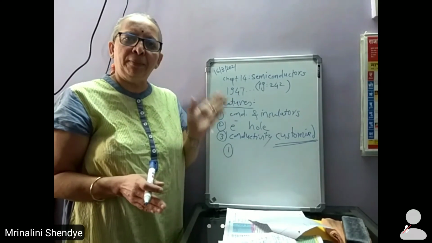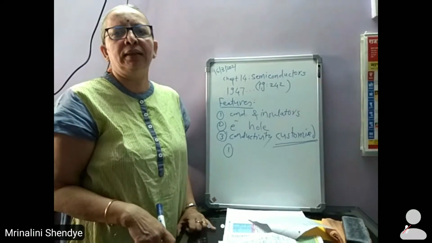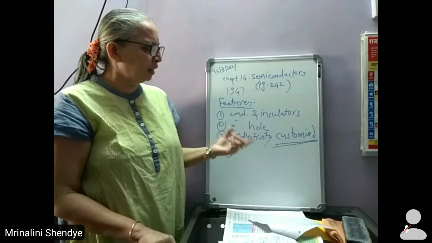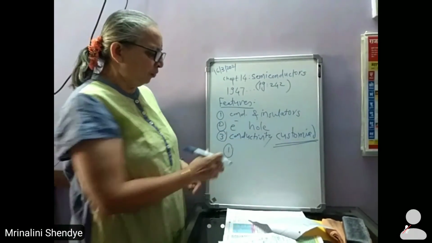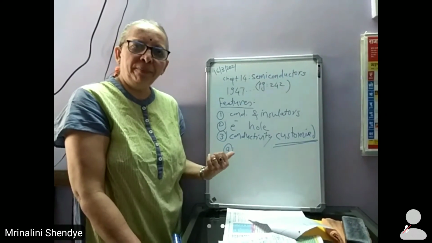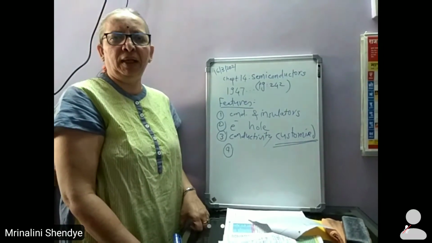But when temperature is sufficiently increased, semiconducting materials are able to conduct electricity through them. So this is the first way through which you can customize the conductivity in semiconducting material.